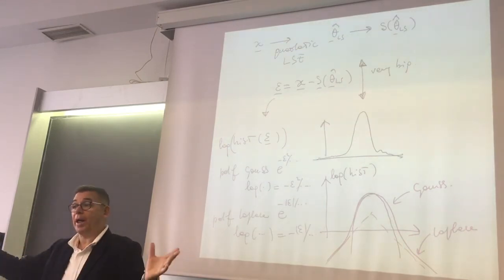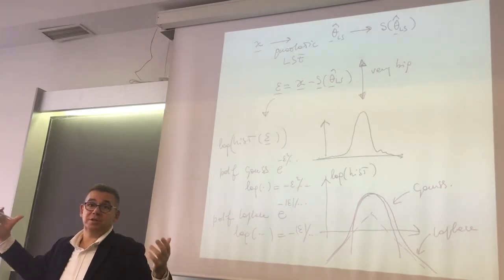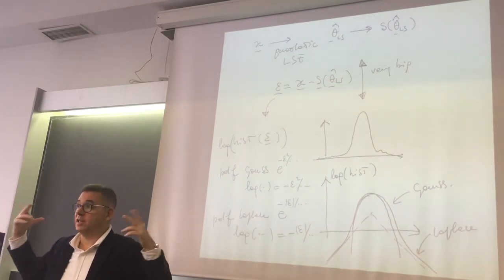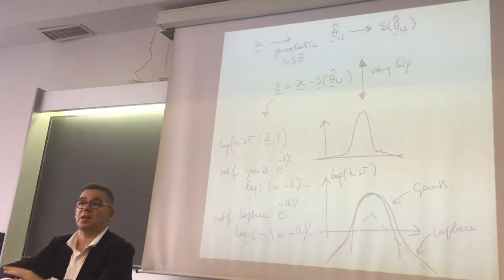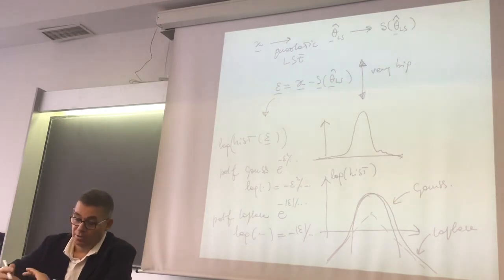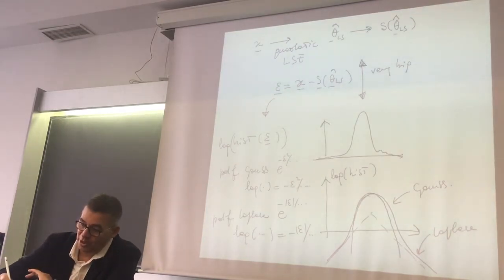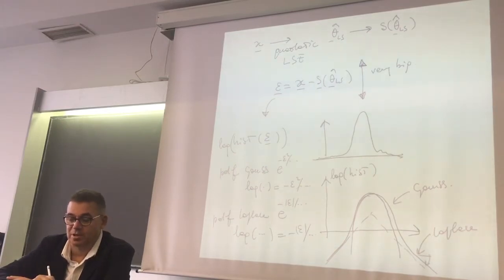For far away, it's not Gaussian, so I use a weighting factor that is linear. Then I'm assuming it's Laplace. Now you can make a nice exercise. The slope here depends on the parameter of the Laplace. The curvature here depends on the sigma of the Gaussian.